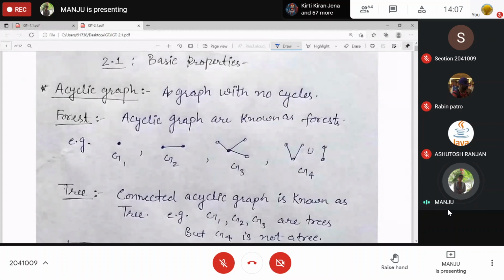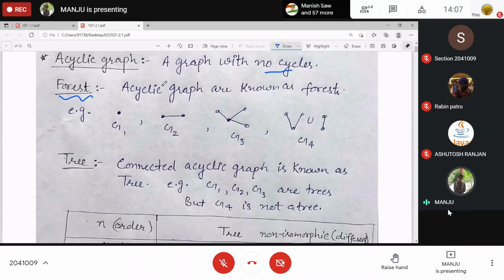So first, an acyclic graph is a graph without cycles. These acyclic graphs in graph theory are termed forests. This may be connected or disconnected. A tree is acyclic plus connected.